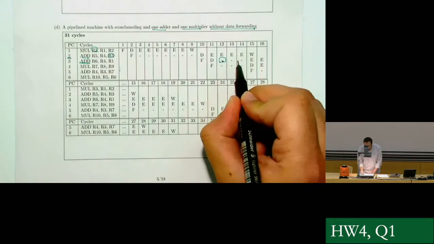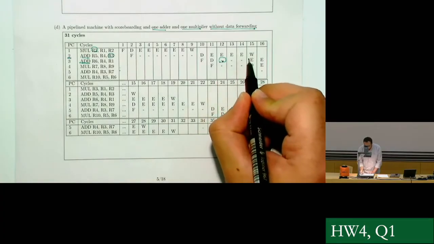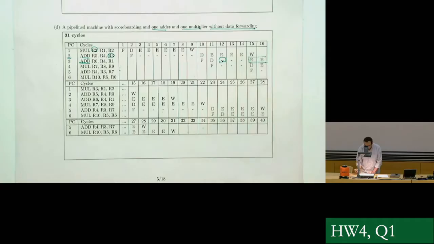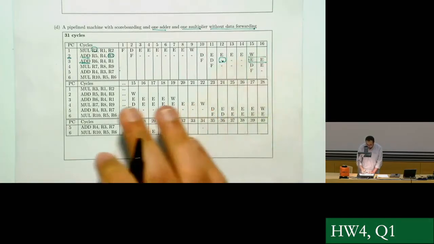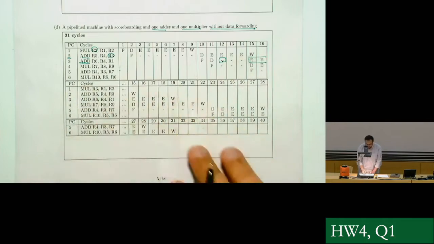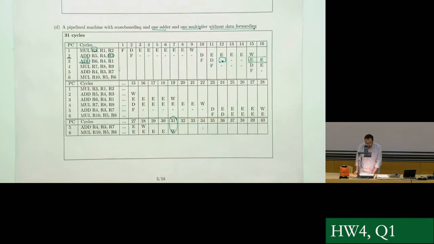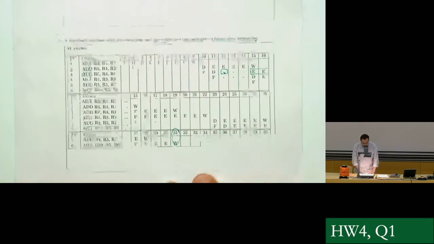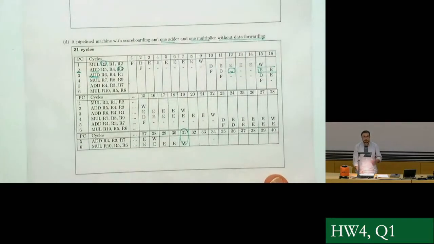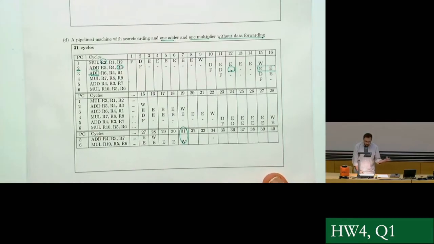So we need to wait until it's completed, and then we start using it from this side. Once you follow the same idea and do the rest, you see that now we complete in the 31st cycle, which means that in the previous one it was 28. Now we have lost 3 cycles because we don't have additional adders and multipliers.